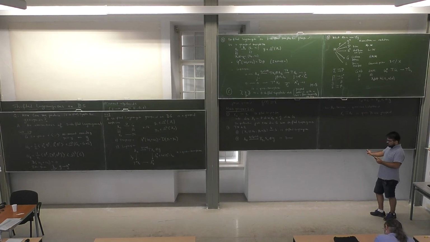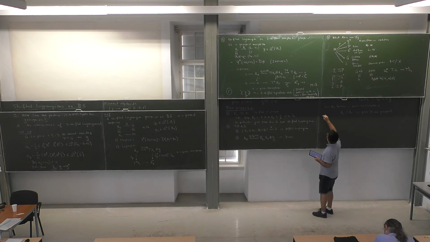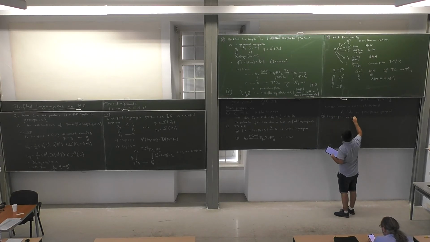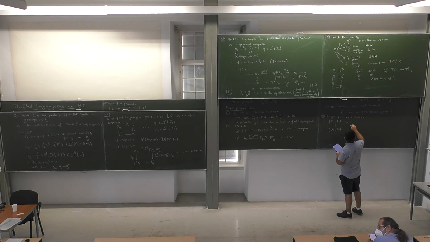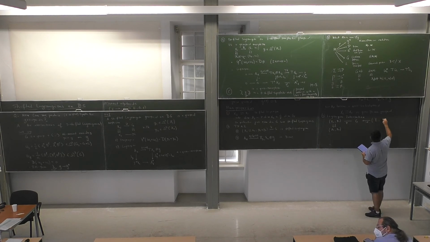And then let's make it the most important property, that is the Lagrangian intersection. So suppose that I have x1 beta 1 over x0 beta 0 mapping into G, and then I have another one, y1 gamma 1 over y0 gamma 0.